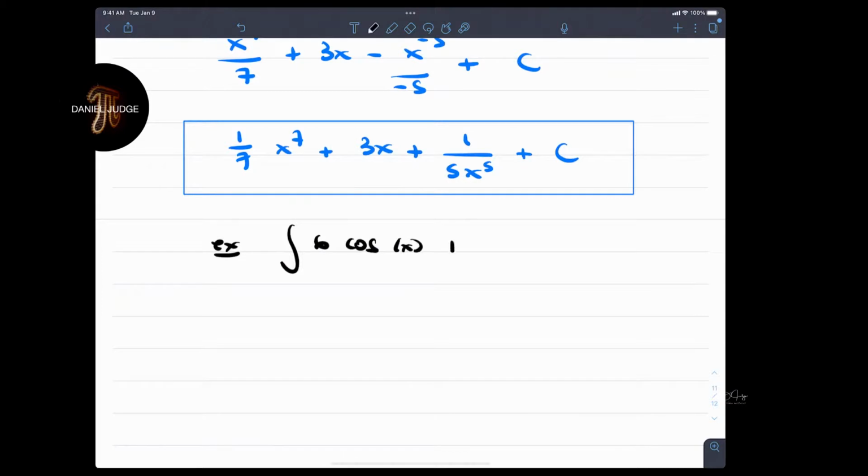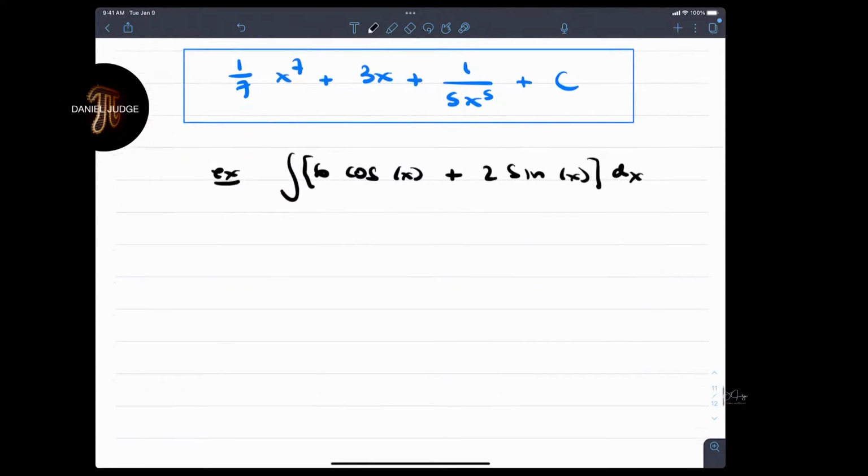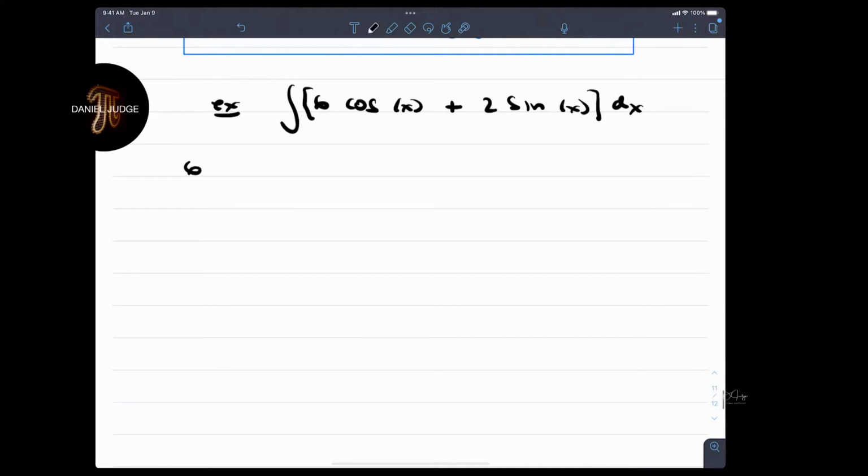6 cosine plus 2 sine. And they might put that in a bracket. It's the same as a parentheses. 6 cosine dx. Oops. Let me give you every property, ladies and gentlemen. Integral of a sum is sum of integrals.